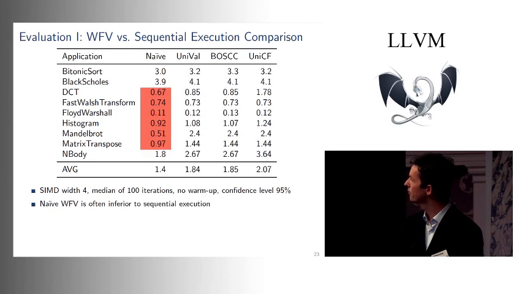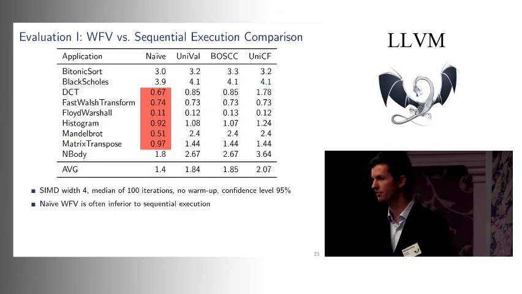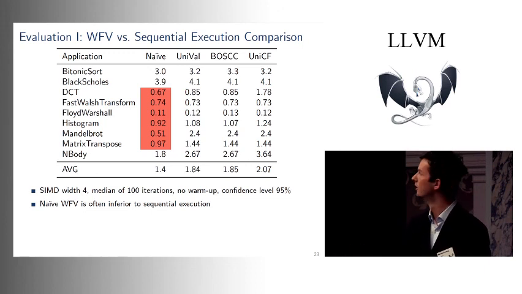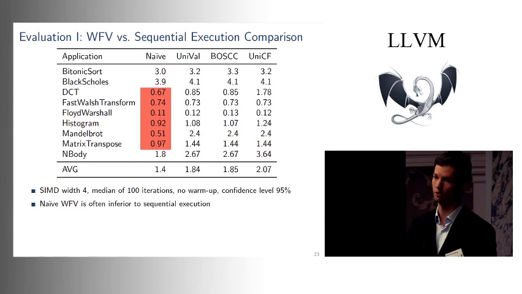implementation can be pretty good. For example, for Black-Scholes, which is mostly straight-line code, it achieves almost the perfect speedup of 4. However, for a large part of the other benchmarks, it's even slower. So we really have to do a lot more here. It's not enough to just plain stupidly linearize everything and vectorize it. We have to do more.